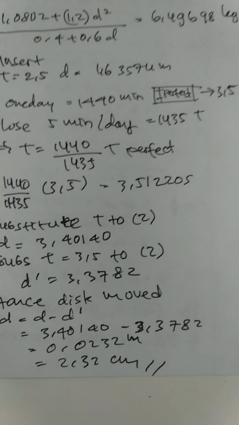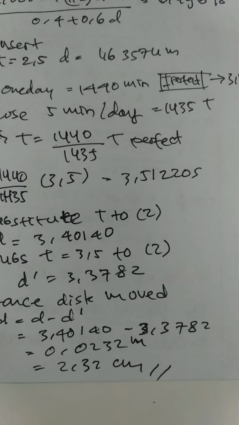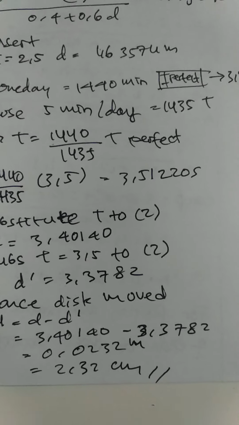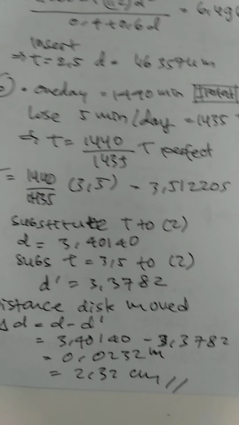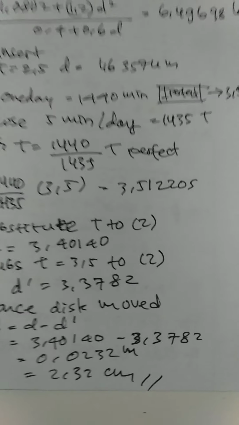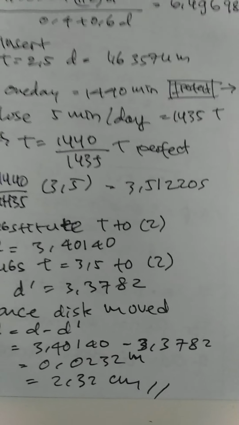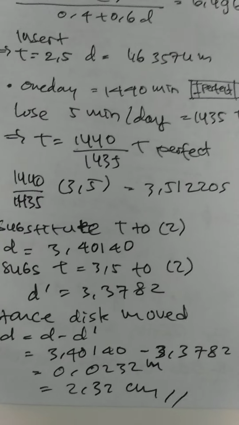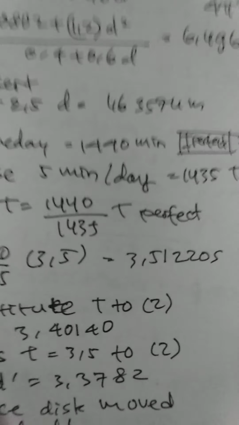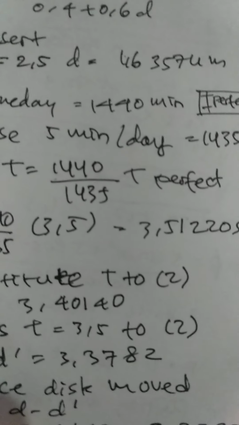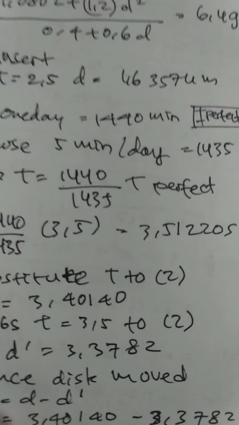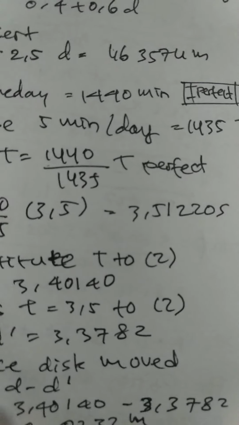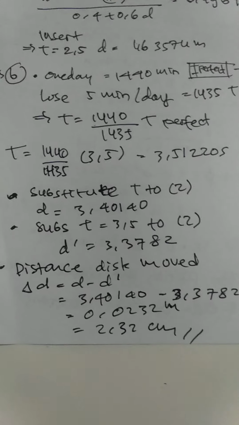It means that 1,435 times the period T. So we get T, the period, is 1,440 per 1,435 times T is perfect. So this is the T.